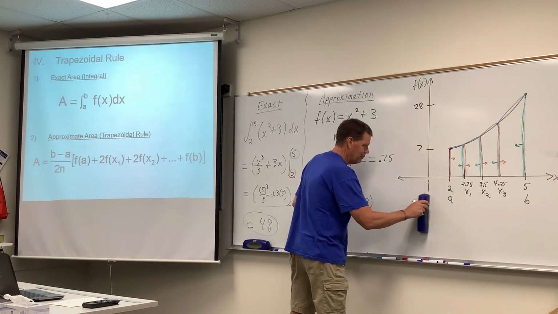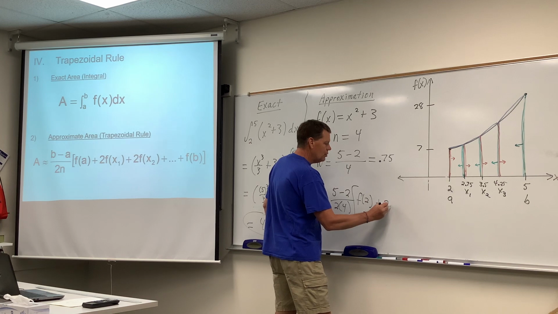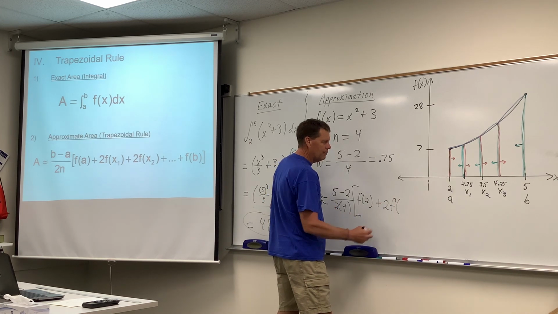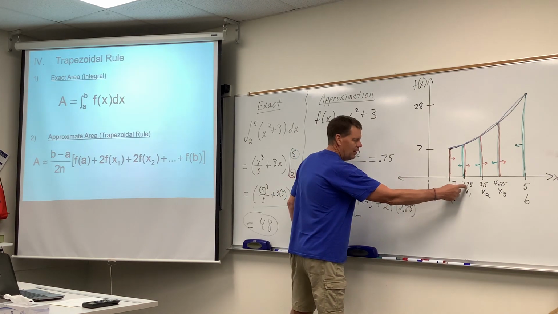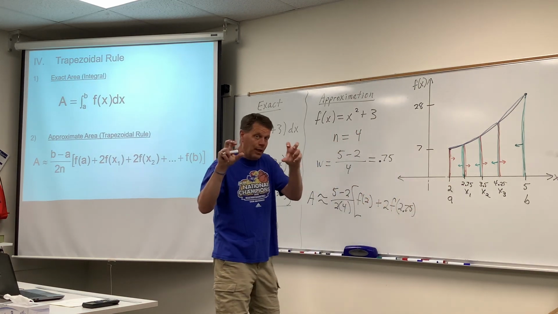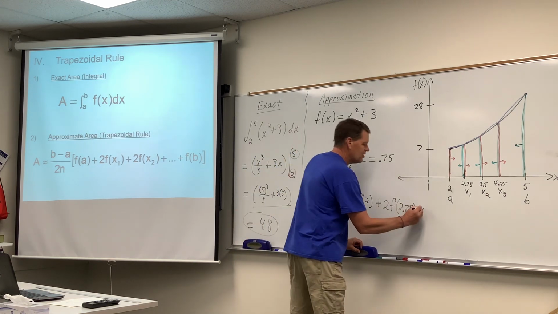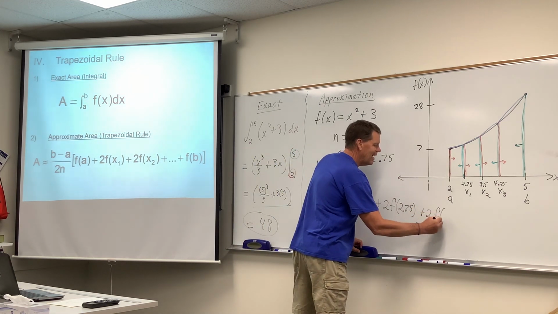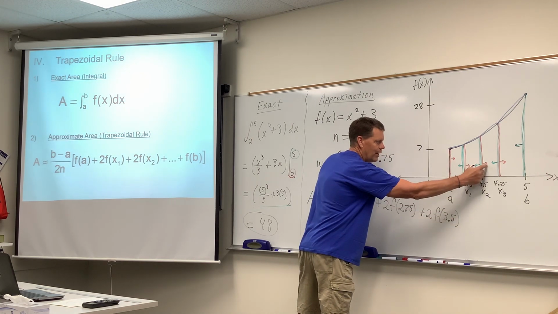This might have some curvature to it in my setup. Sorry. 2 times f of 2.75. See, the x1 would be our first middle number, if you will. Notice all the middle ones get multiplied by 2. Plus 2 times f of 3.5. See, that's involved in 2 trapezoids.